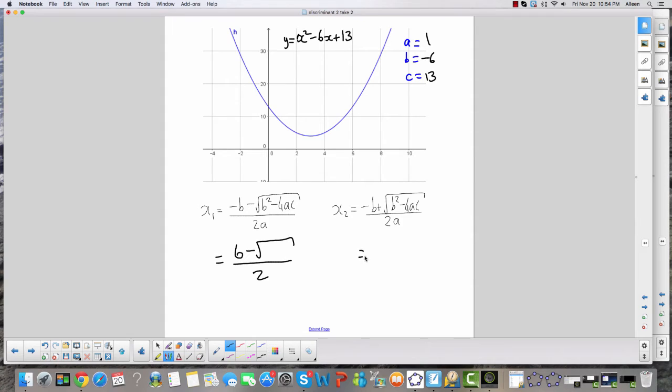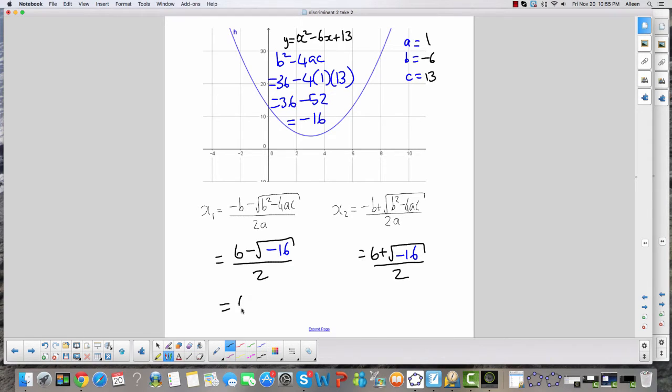And over here we have the plus. Let's figure out what b squared minus 4ac is equal to: 36 minus 4 times 1 multiplied by 13, which is 36 subtract 52, which is negative 16. So we'll put that in here, and let's see how that works out.